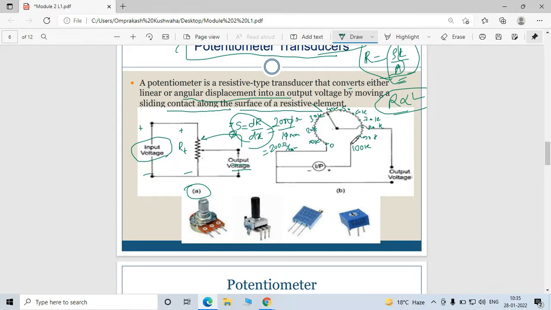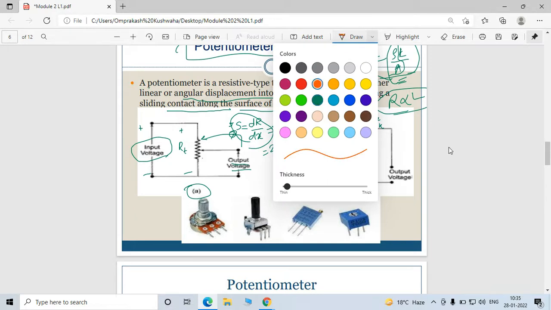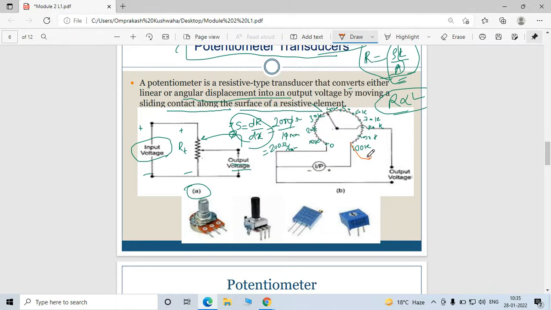When I use the first port, this is the first case. When this port is at this point, current starts flowing from this side, this is the first port and this is the second port, and you will get the output.